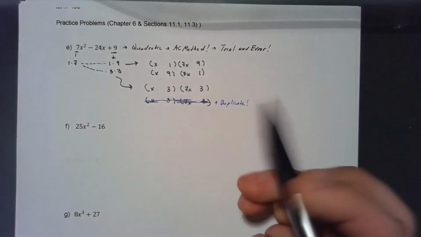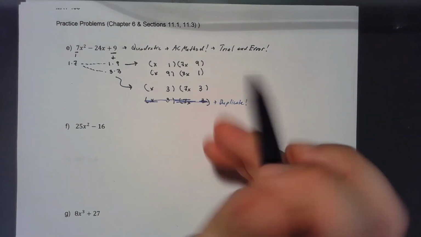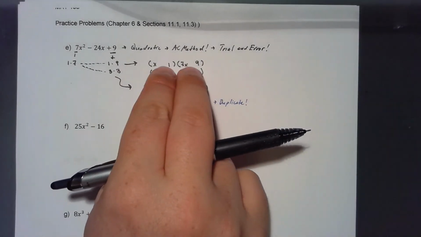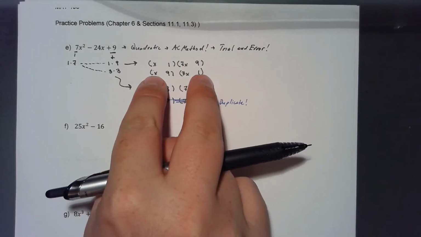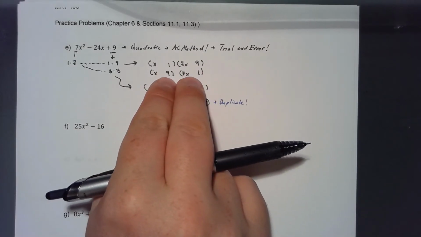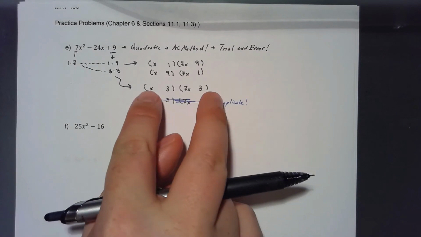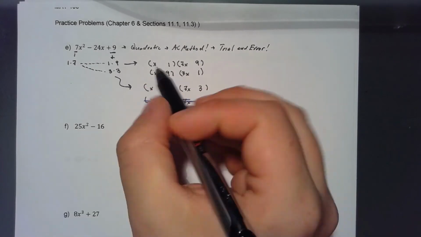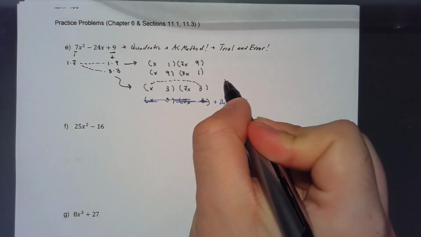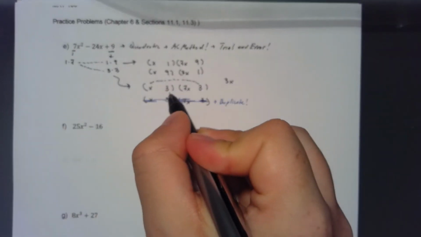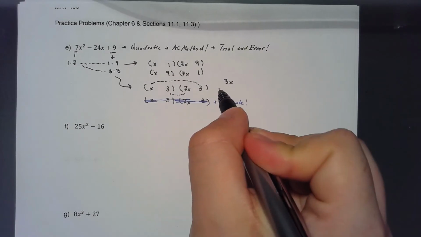Now I just have to check which one gives me negative 24x. 9x and 7x, that doesn't give me 24, that gives me 16. 1x and 9 times 7 is 63, that's nowhere near what I need. That's 3x. This right here, 3 times 7x, that's 21x.